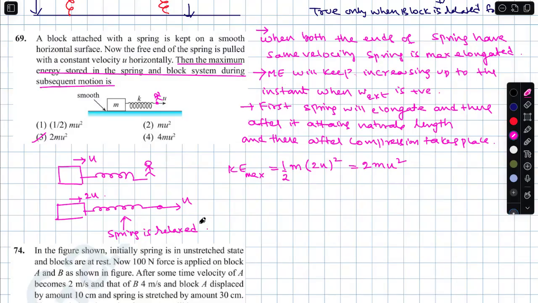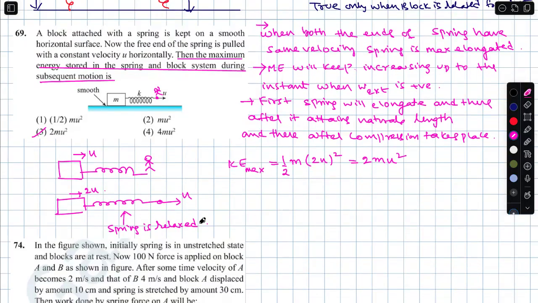Please try to understand. Initially, it's going leftwards, reaches an instantaneous rest, and again moves rightwards. Which means this is stage 2, and this is stage 3. So I need to draw stage 1 somewhere over here.